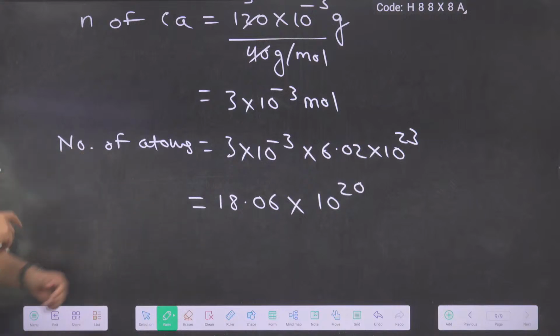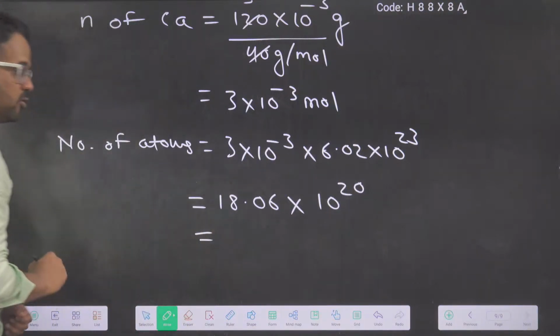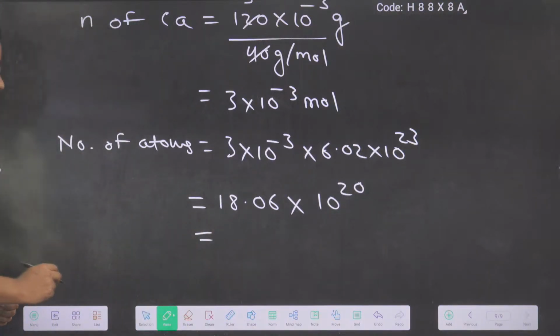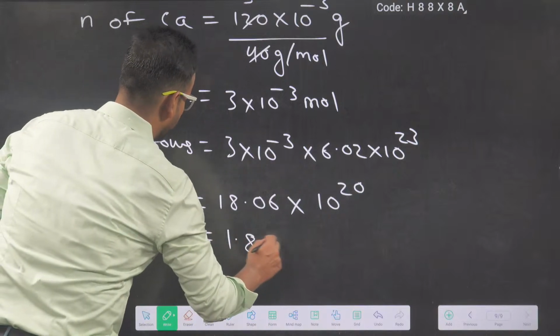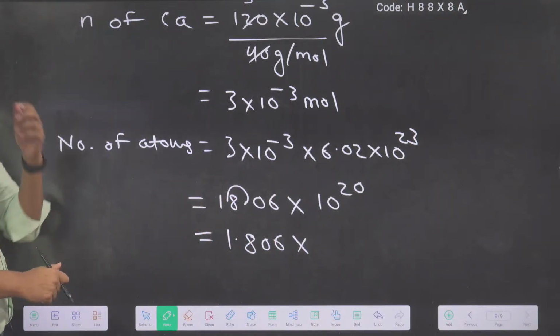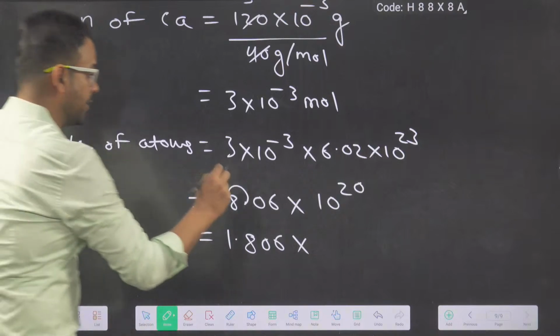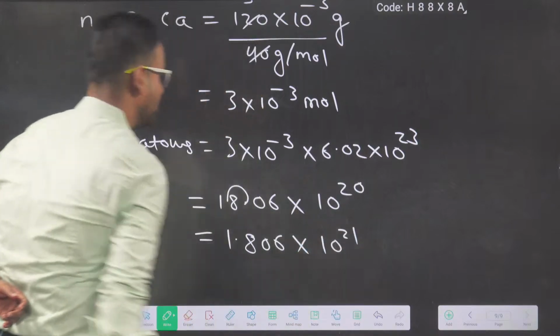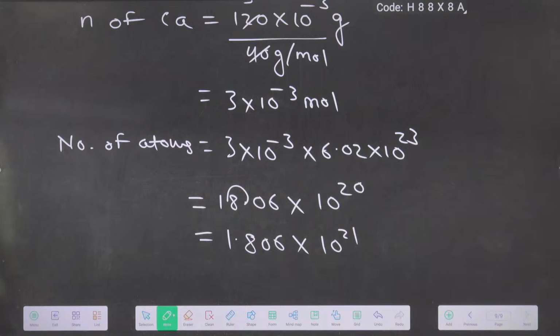If you convert it into scientific notation, it becomes 1.806 into 10 to the power 21.